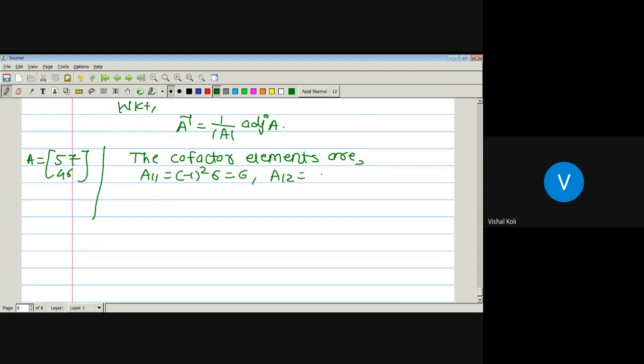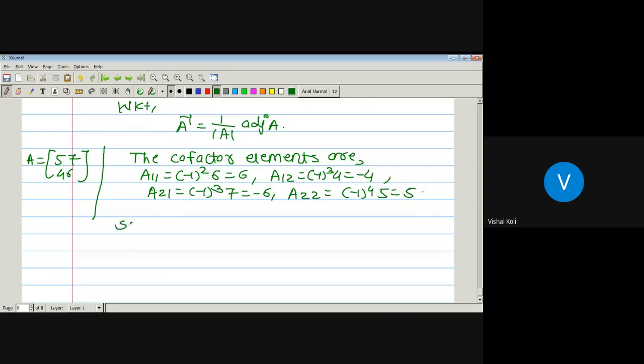A12 is minus 1 to the power 1 plus 2, which is 3, which is minus 1, into 4, which is equal to minus 4. A21 is equal to minus 1 to the power 2 plus 1, 3, into its minor, which is 7, and which is equal to minus 7. And A22 is equal to minus 1 to the power 4 into its minor, which is 5, and which is equal to 5.